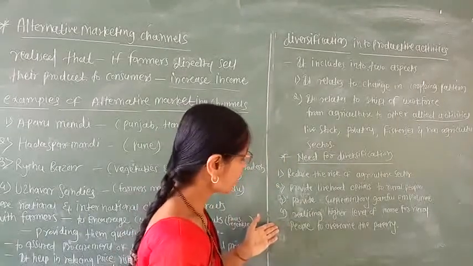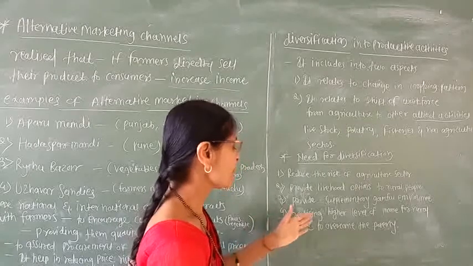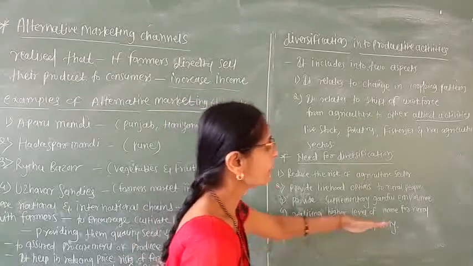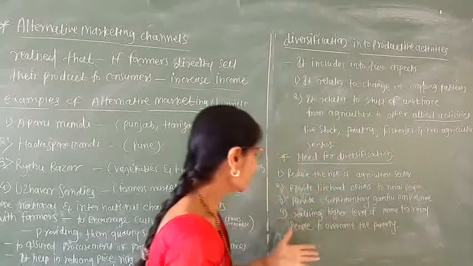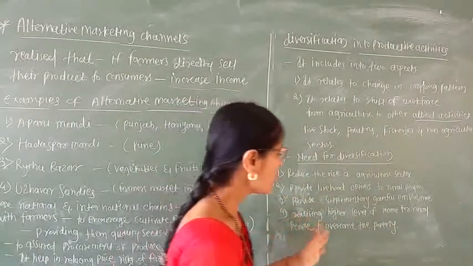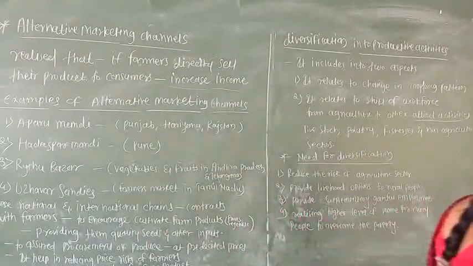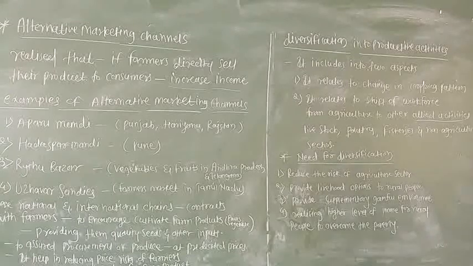And the last one is that diversification realizes a higher level of income for the rural people to overcome the problem of poverty. Means here, all of you know, in our India, there are so many agricultural activities concentrated in the Kharif season.